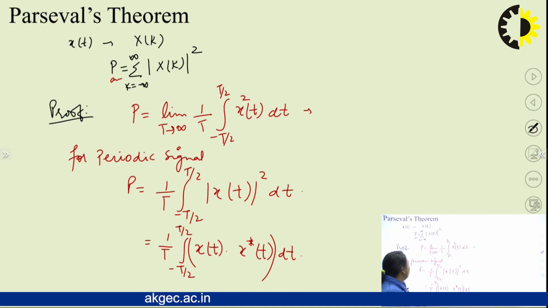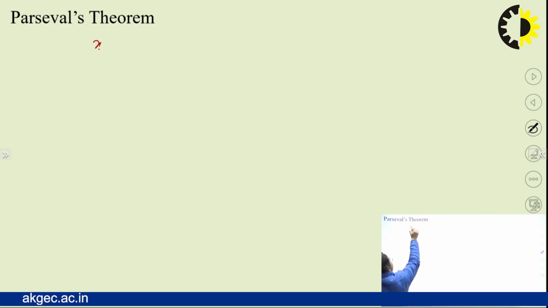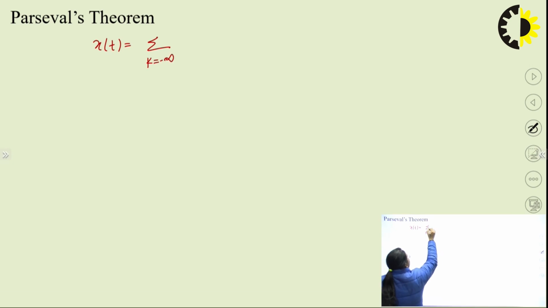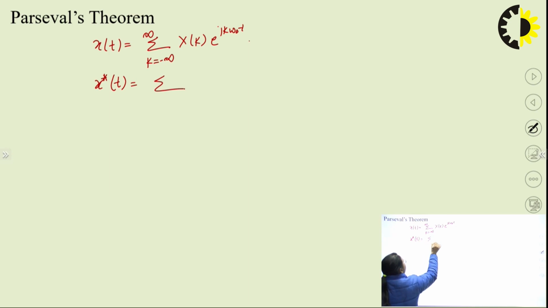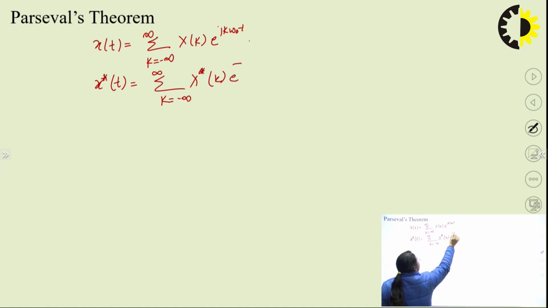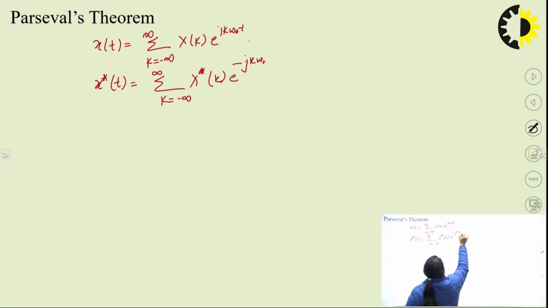And we know the value of x(t) is the summation of k equals minus infinity to infinity of X_k into e raised to the power j k omega naught t. So the complex conjugate x*(t) can be written as the summation of k equals minus infinity to infinity of X_k star e raised to the power minus j k omega naught t.